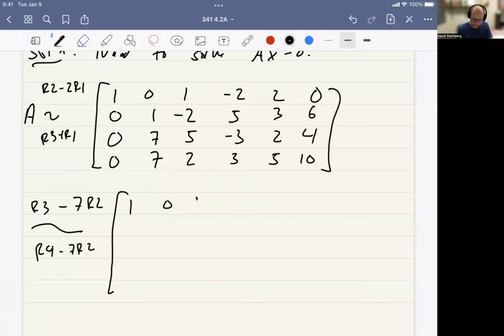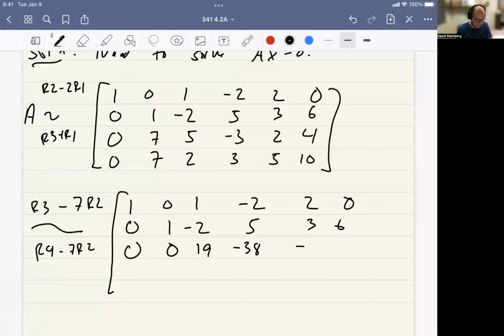So our first row hasn't changed. Neither has our second. Here we got 19, negative 38, negative 19, negative 38. Move that 6 over.